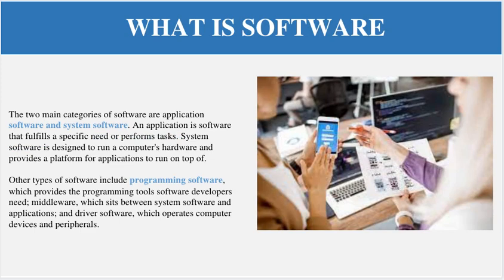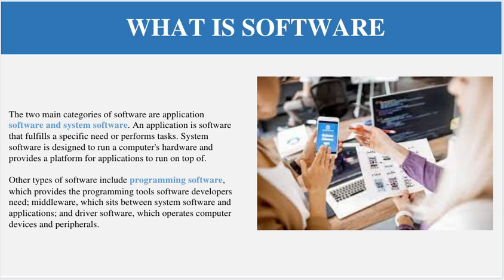There are mainly two categories of software: application software and system software. Application software means any software which provides you some application or service. For example, you are using a mobile application to get the weather update, so it is application software.